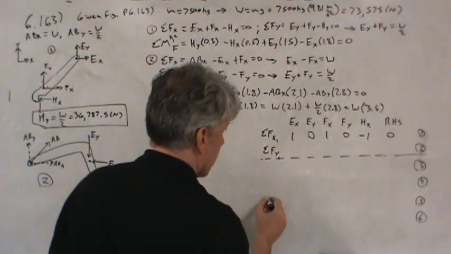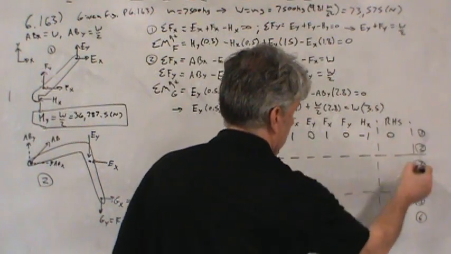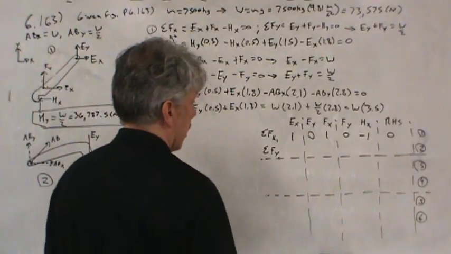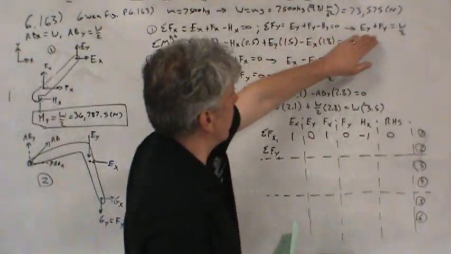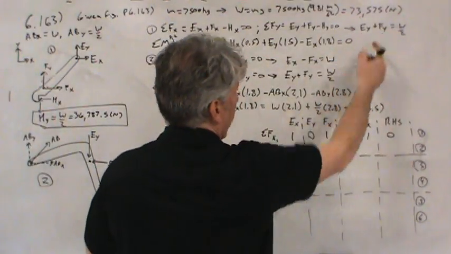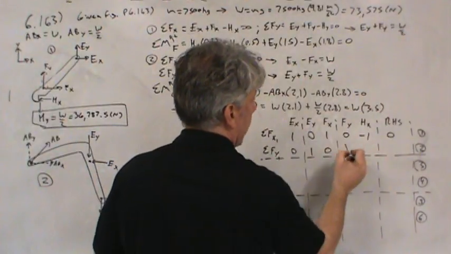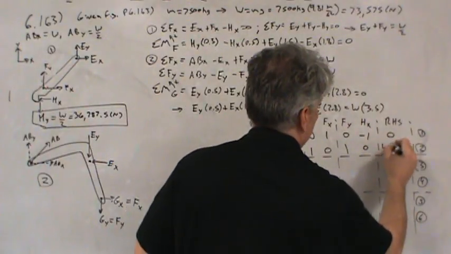We'll try to keep things straight, making this a nice table. Sum forces in the y direction on body 1, that's this equation. We have no Ex's. We have plus 1 Ey. We have no Fx's. We have plus 1 Fy, no Hx's, and the result is W over 2.